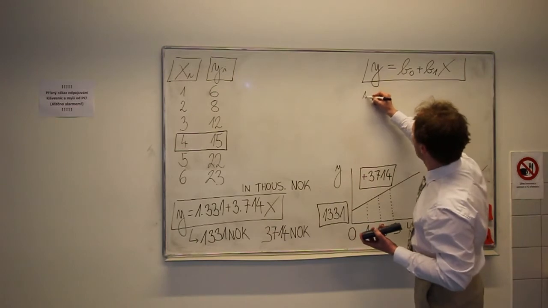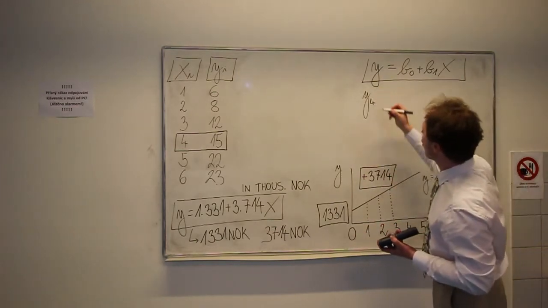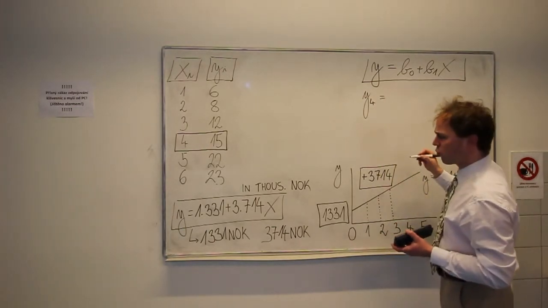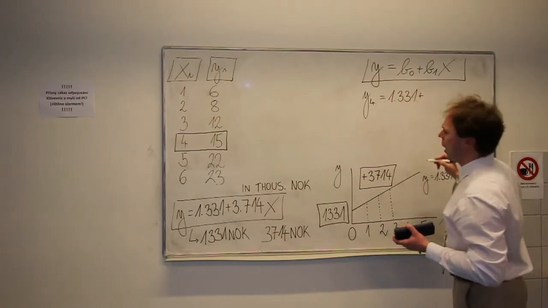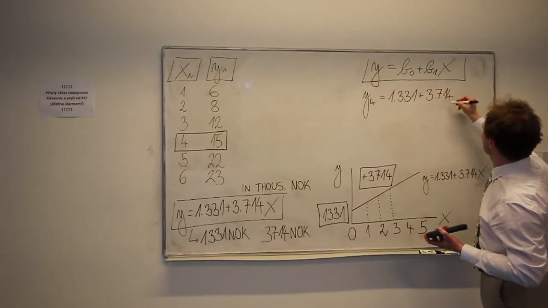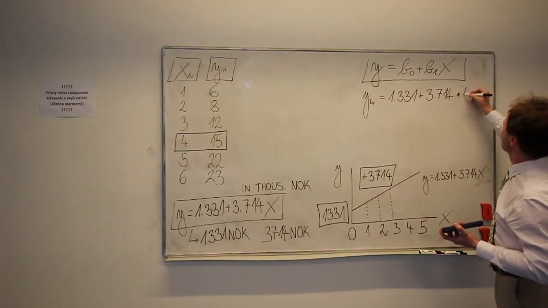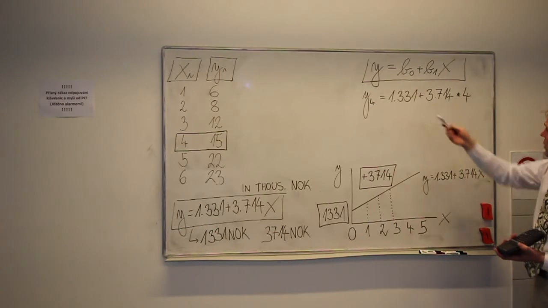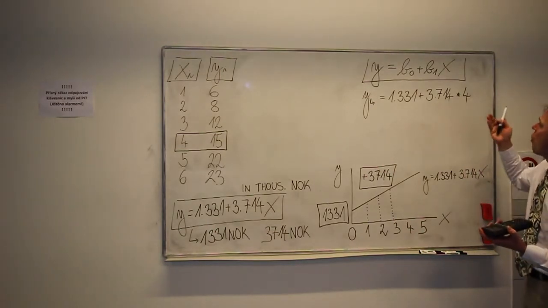So, y for the situation of 4 persons in the house is equal to intercept 1.331 plus slope 3.714 times 4 persons, because we would like to calculate expenditures for a case of 4 persons.